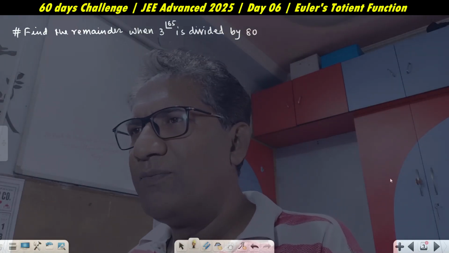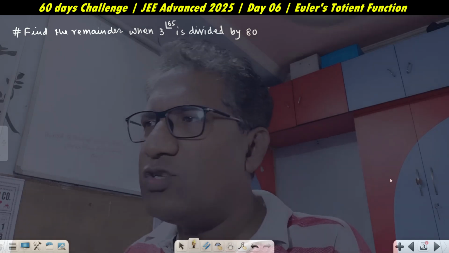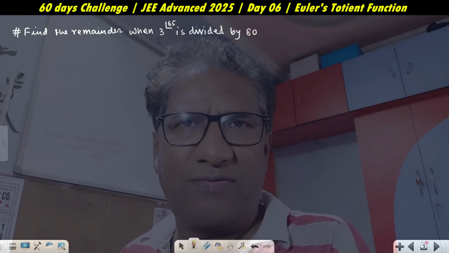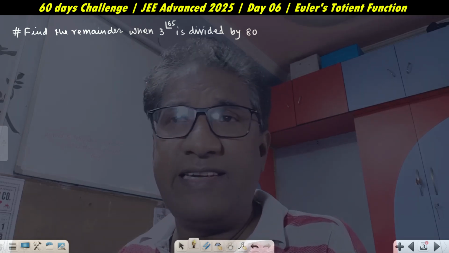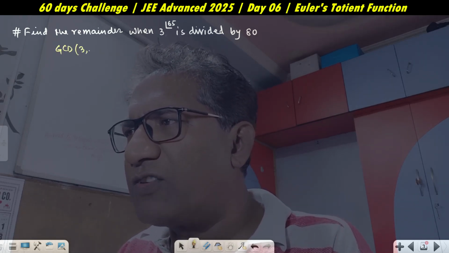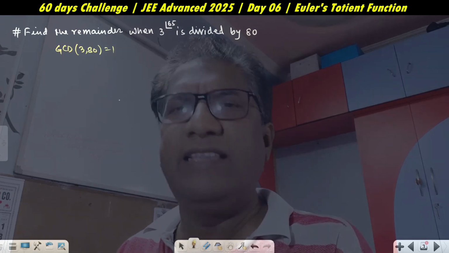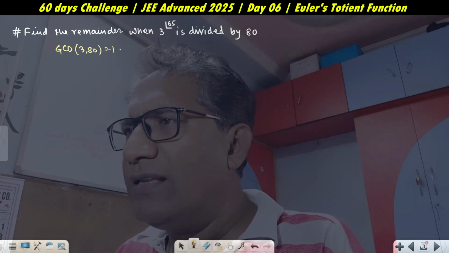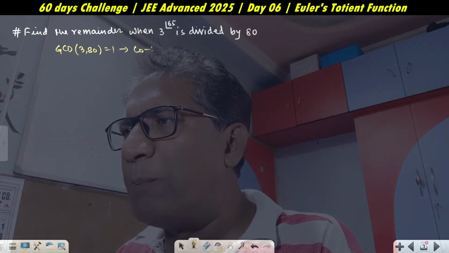See this question. What is the remainder when 3 to the power factorial 65 is divided by 80? Now, is the GCD of 3 and 80 equal to 1? Yes. Therefore, 3 and 80 are co-prime to each other.